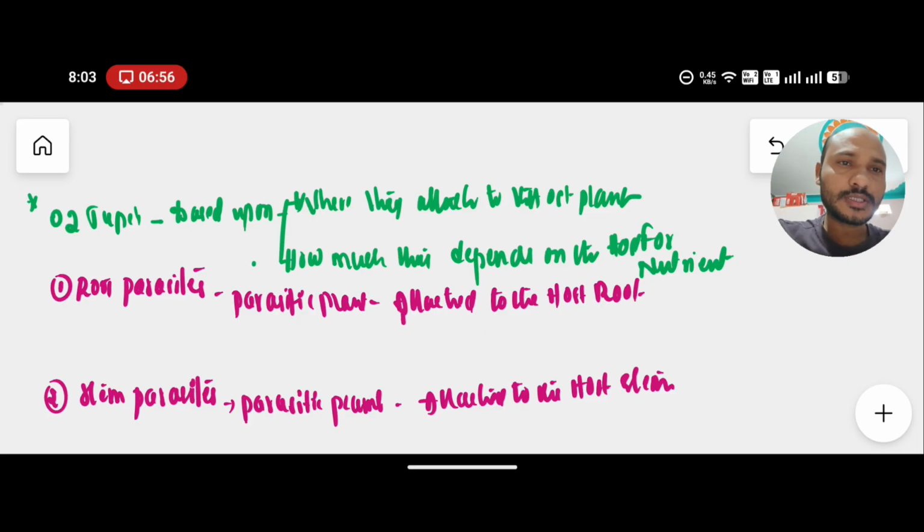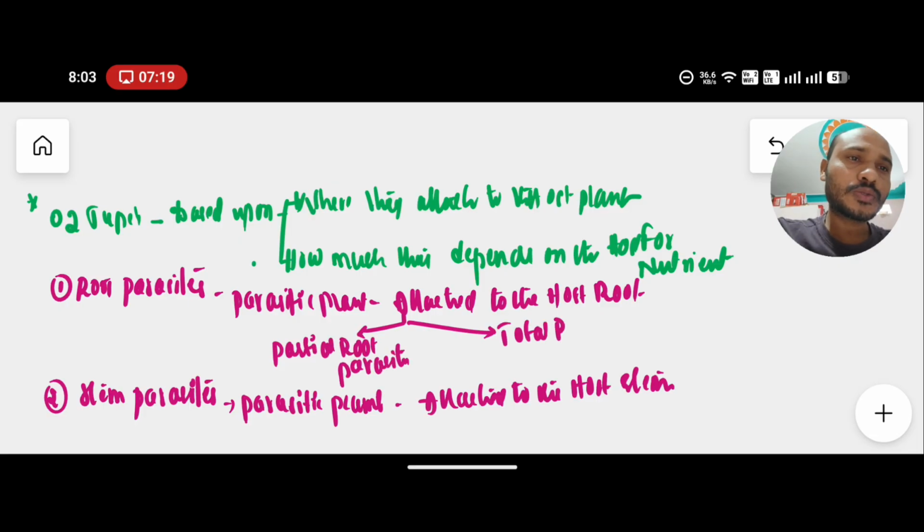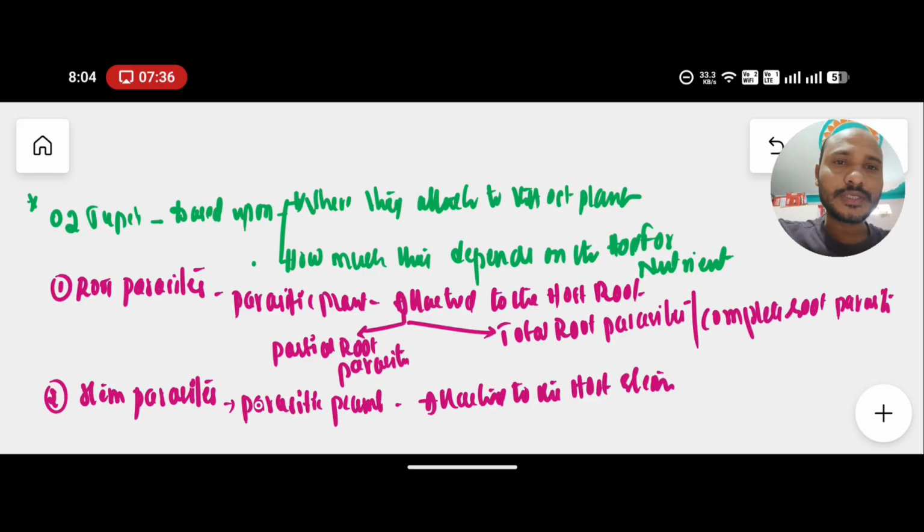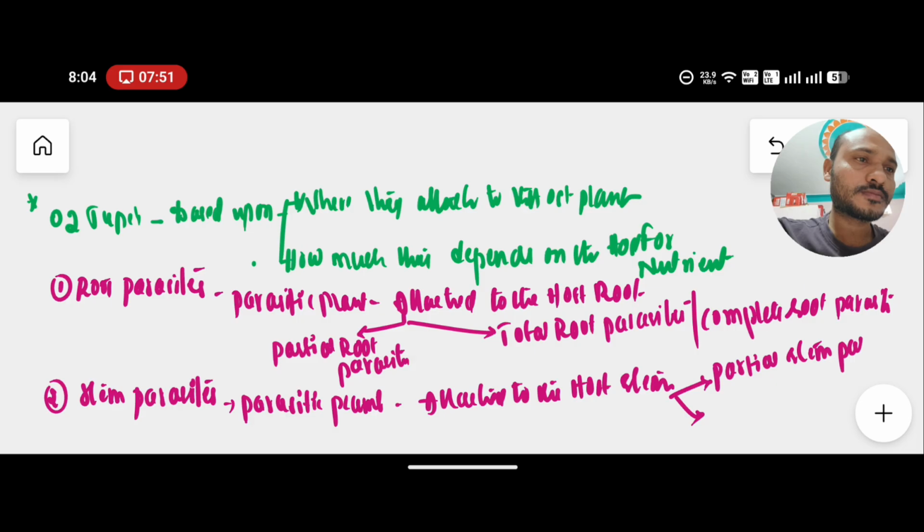In root parasites there are partial root parasites and total root parasites, also called complete root parasites. Even in stem parasites we have two types: partial stem parasites and complete stem parasites.